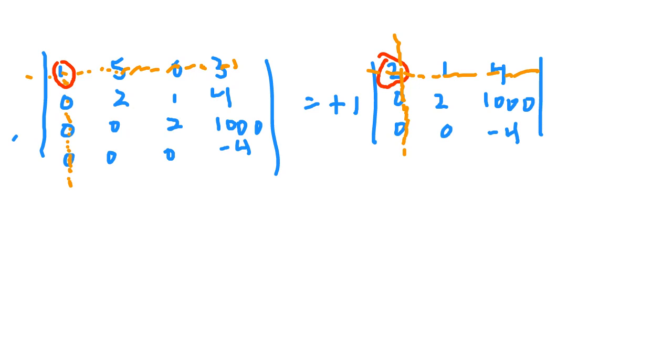So now what we have is plus 1 times plus 2 times the determinant of the submatrix that results. So far, so good? Okay, can we do the determinant of this 2 by 2? What column would we expand down for that 2 by 2 matrix if we wanted to do cofactor expansion?